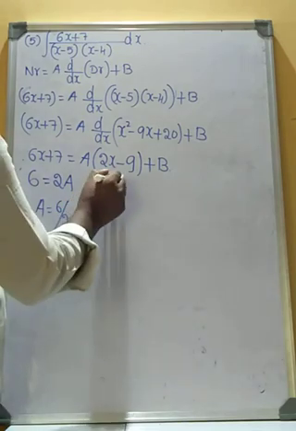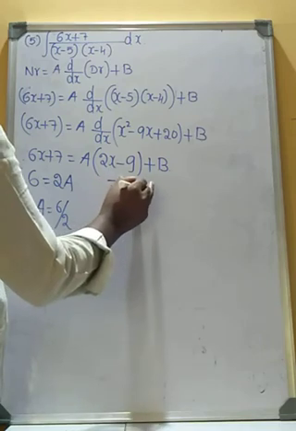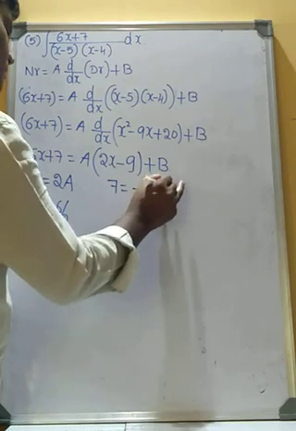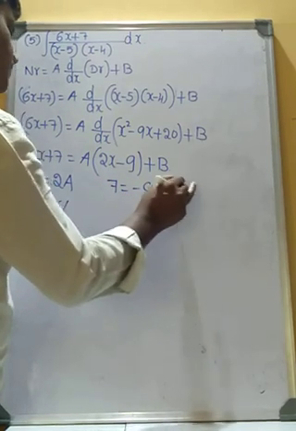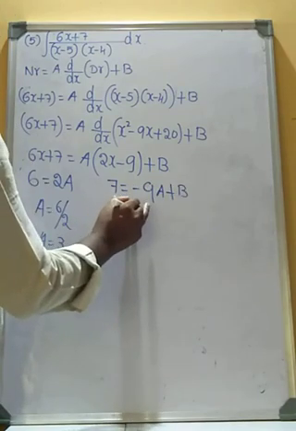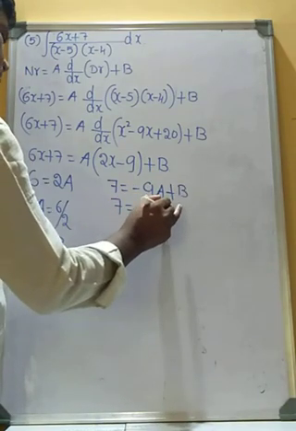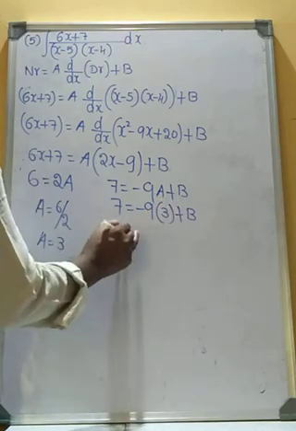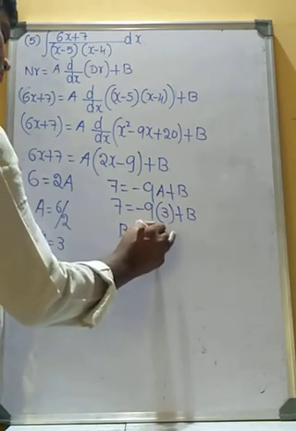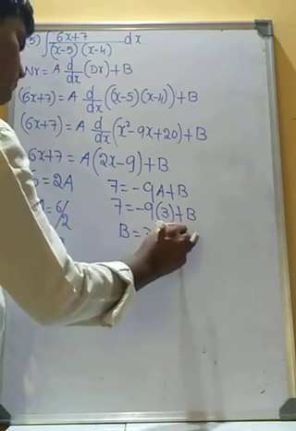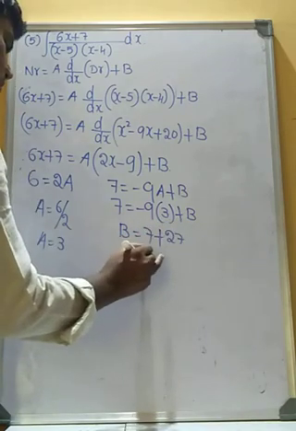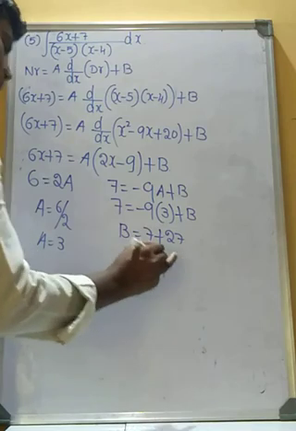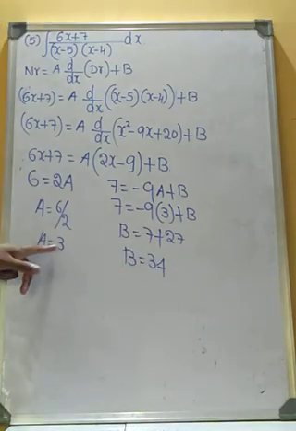And the constant term: left hand side 7 equals minus 9a plus b. 7 equals minus 9 into 3 plus b. Therefore, b equals 7 plus 27, so b equals 34.